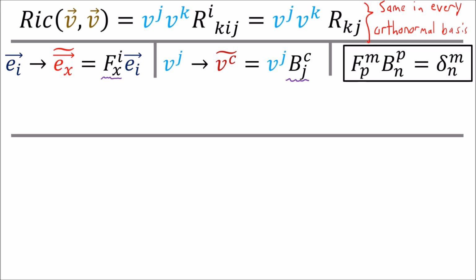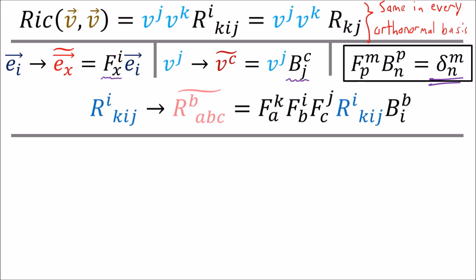And since F and B are inverses, when we sum them together, we get the Kronecker delta. The Riemann tensor components will transform using 3 covariant rules and 1 contravariant rule. So we get 3 F's and 1 B.